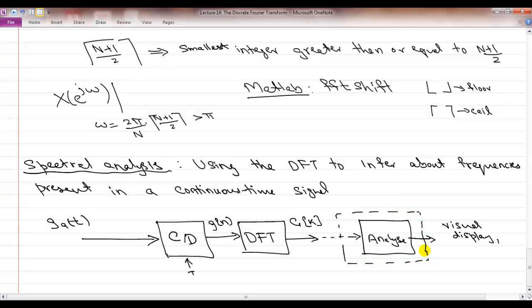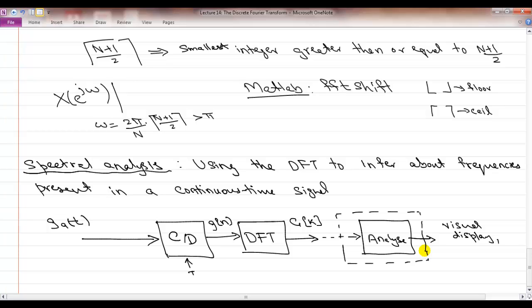So if you ever go and work in, for example, a communications company which is interested in doing RF analysis, they own these very expensive spectrum analyzers, as they are called. They have an antenna that collects the signal, and then you have a very nice display, which shows you which frequencies are present. But the way they are doing that spectrum analysis is exactly this kind of setup. Your signal is picked up through the antenna, it's sampled, and then they do the DFT using FFT.